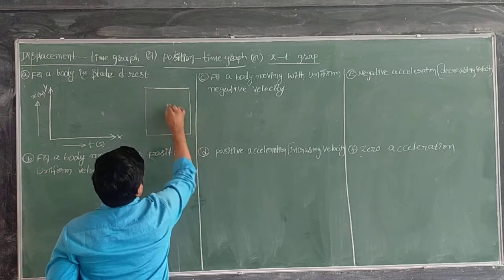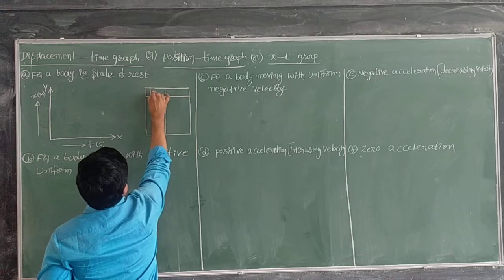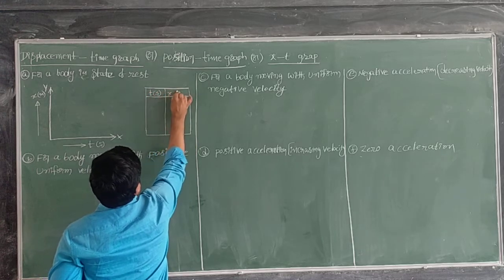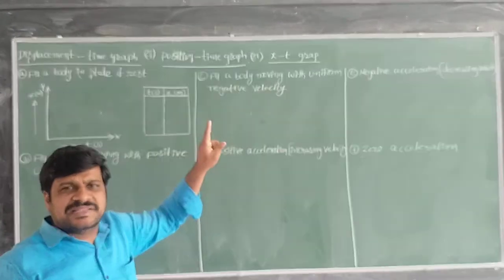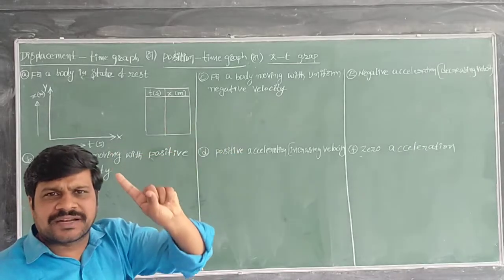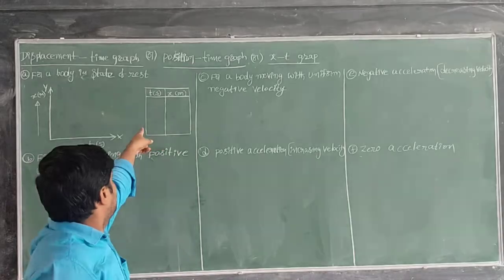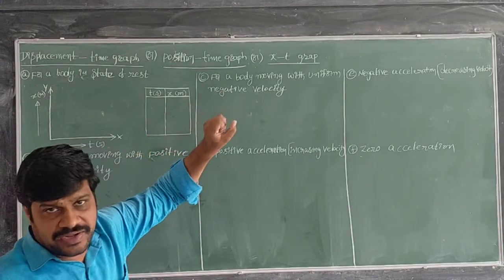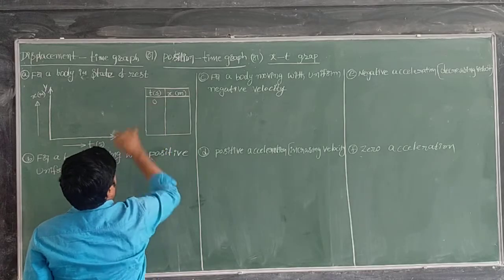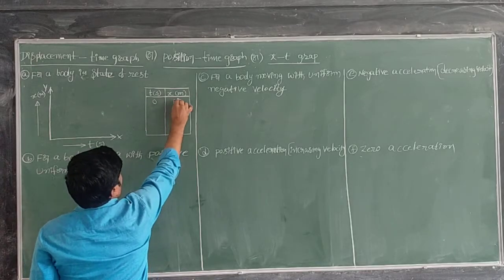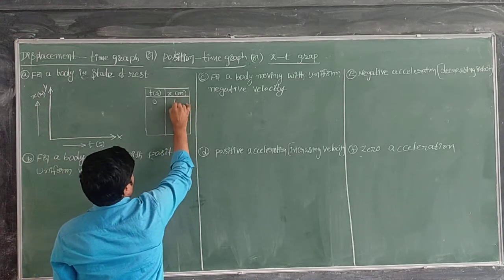One is the time axis, with time in seconds, and displacement in meters. I am explaining this only for understanding purposes; there is no need to write these T and X values in the examination. Initially, when the time is 0, the position is 10 meters.